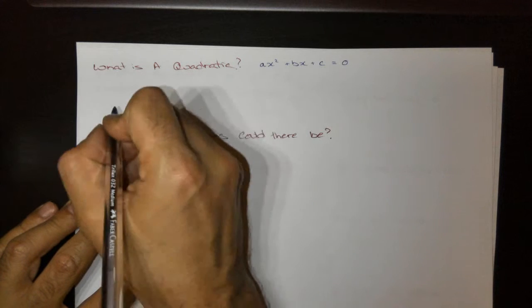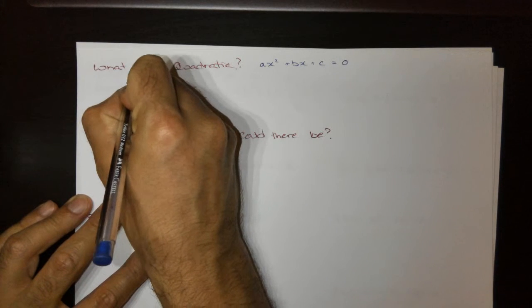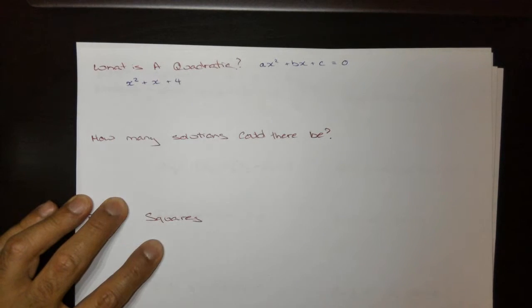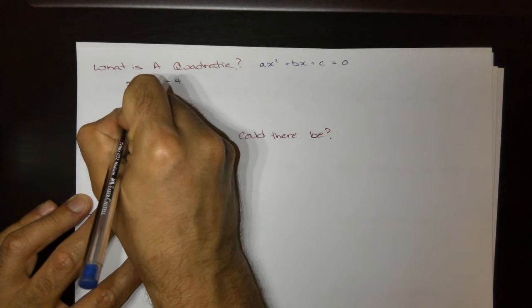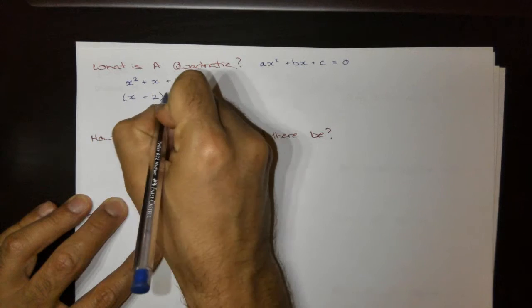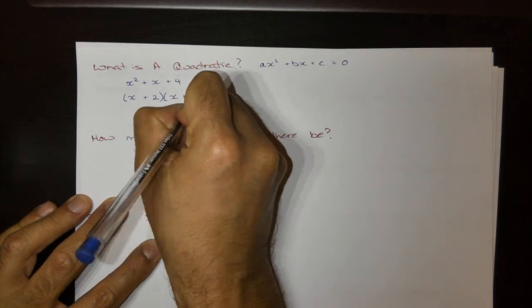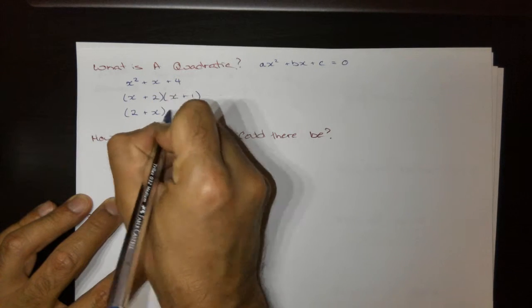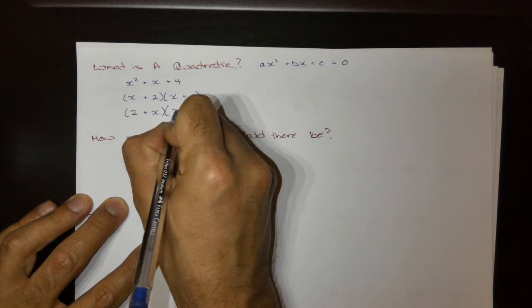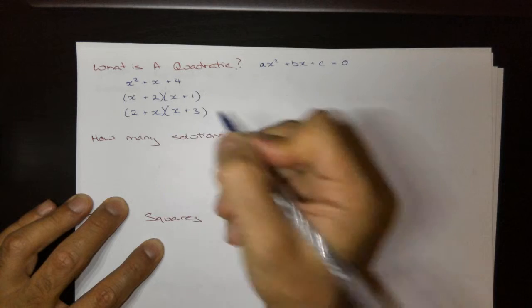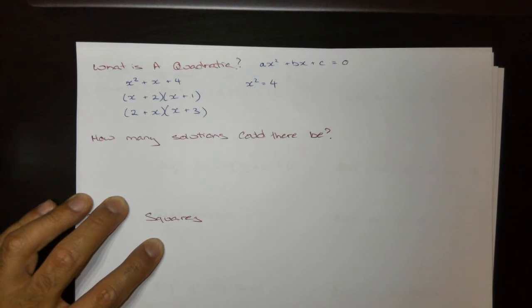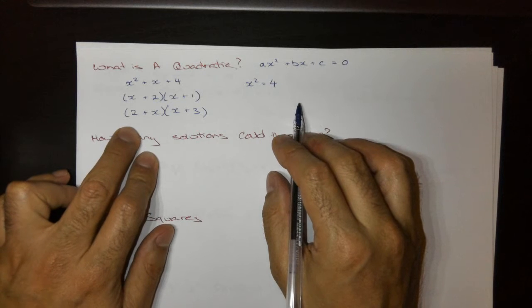Some examples are x squared plus x plus 4, or you can see it like this, x plus 2, x plus 1, or any number, you can have 2 plus x, x plus 3, yeah? Or you might have something like this, x squared equals 4.